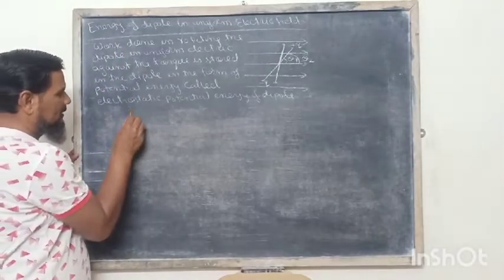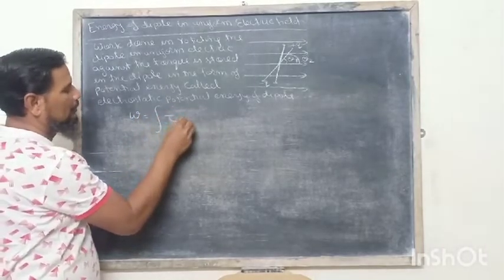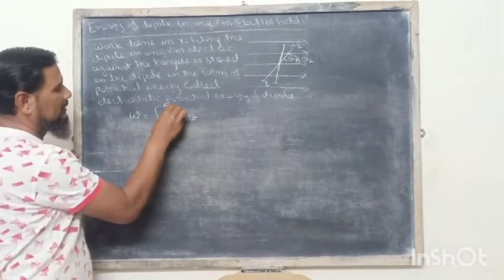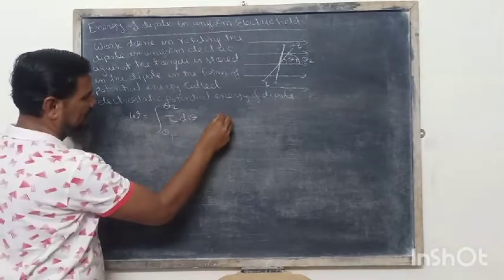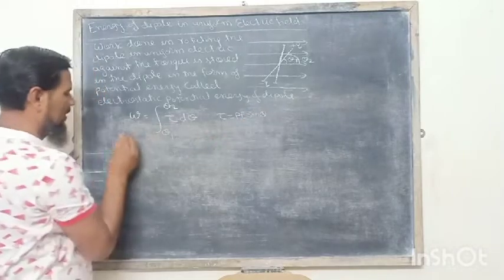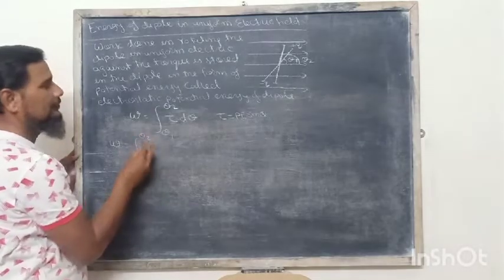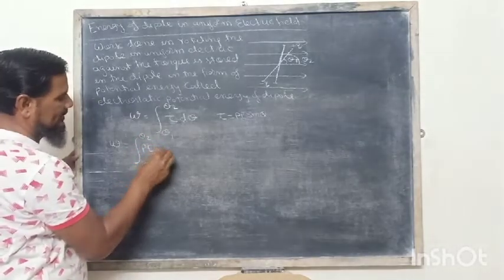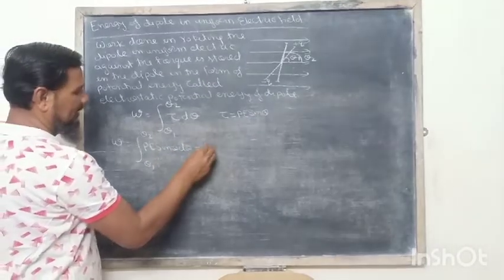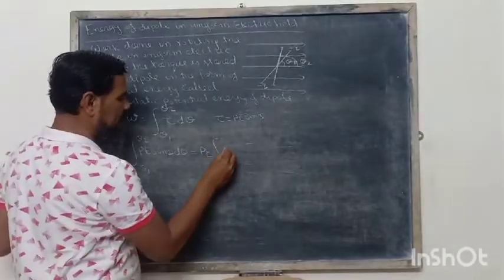So in order to calculate the work done, W is equal to the integral of tau d theta, from theta 1 to theta 2. And we know from the earlier derivation that tau is equal to pE sin theta. So W is equal to the integral from theta 1 to theta 2 of pE sin theta d theta. pE is a constant quantity, the dipole moment in an electric field.